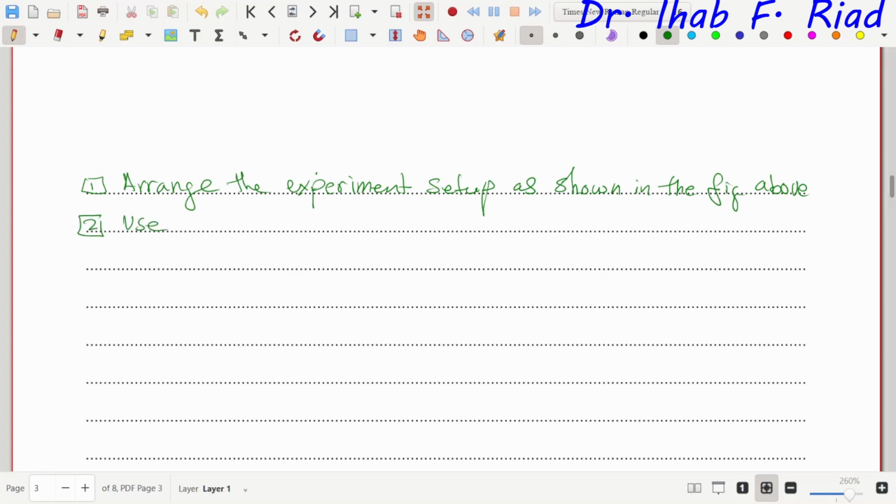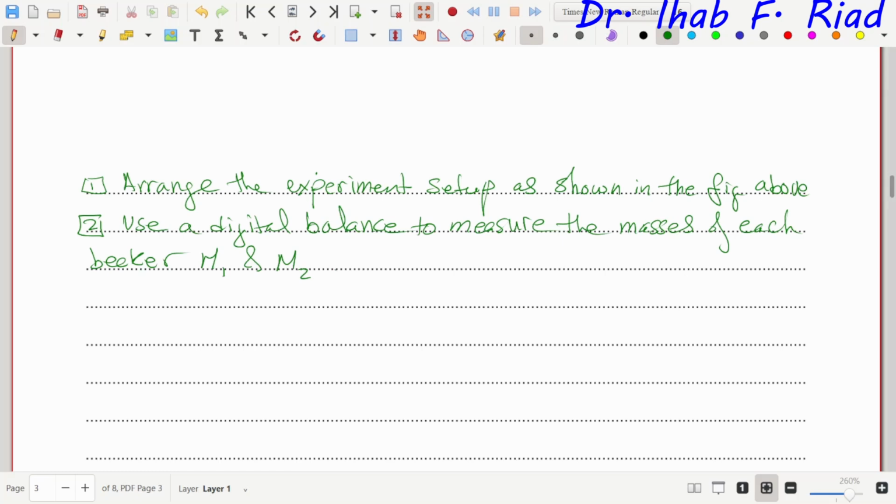Use a digital balance to measure the masses of each beaker, M1 and M2.